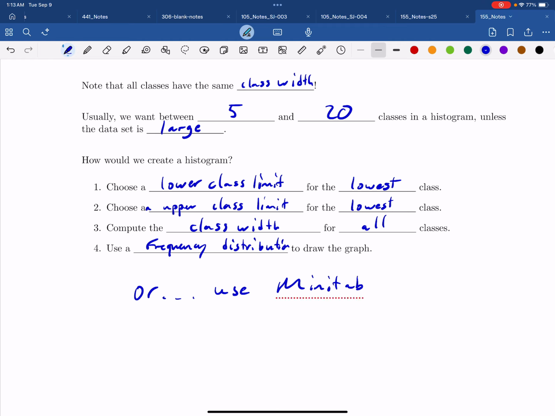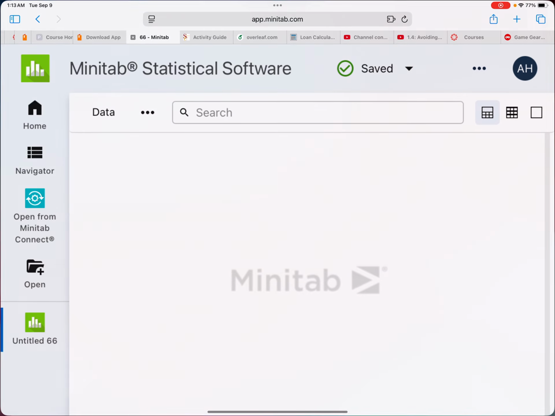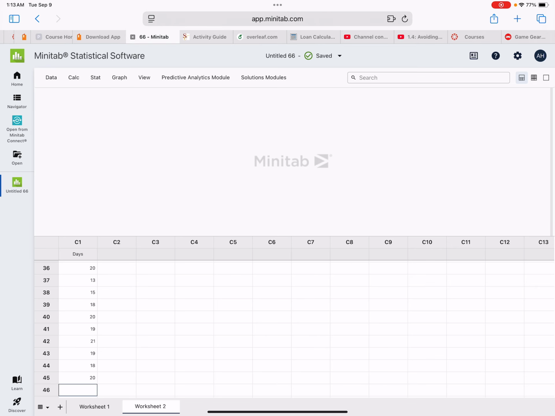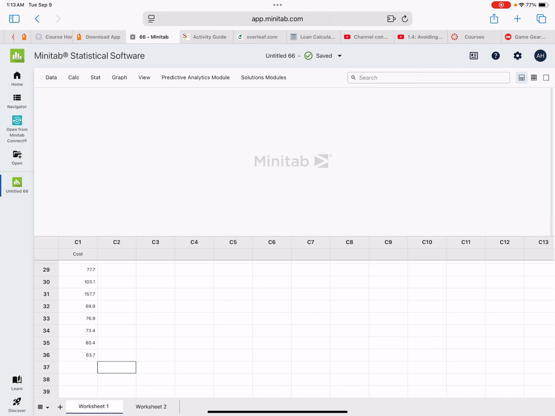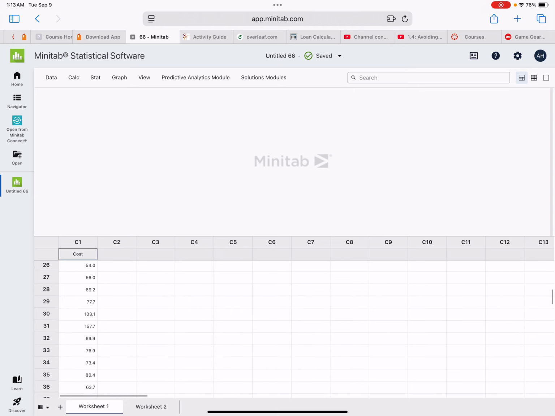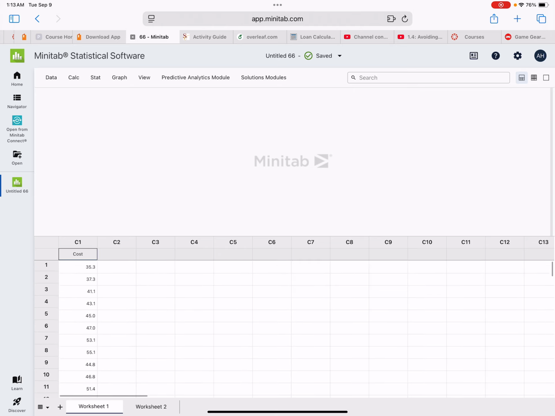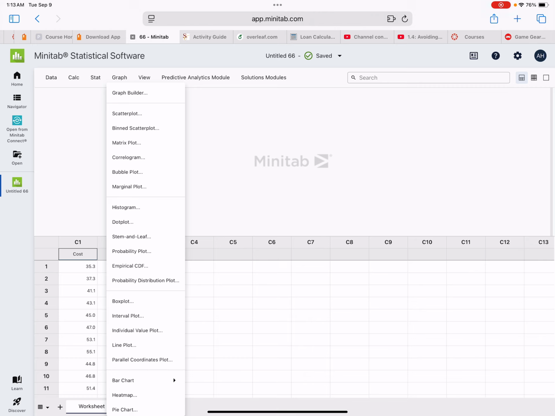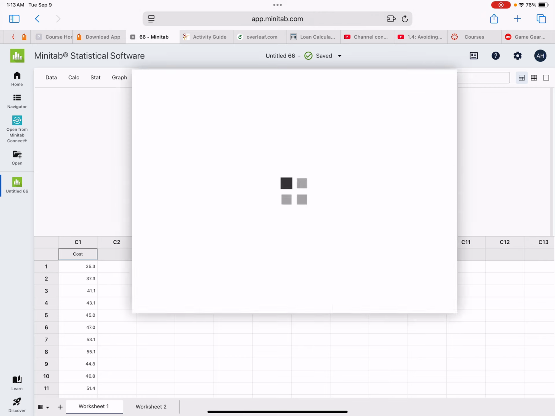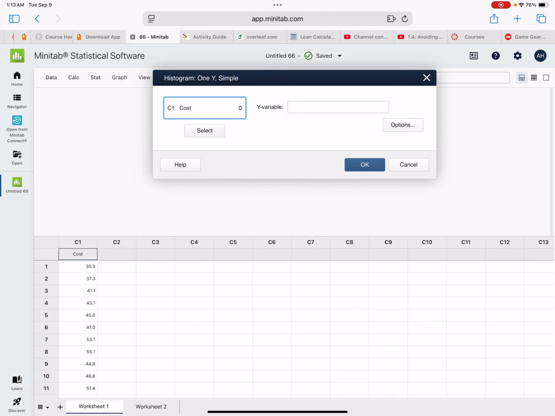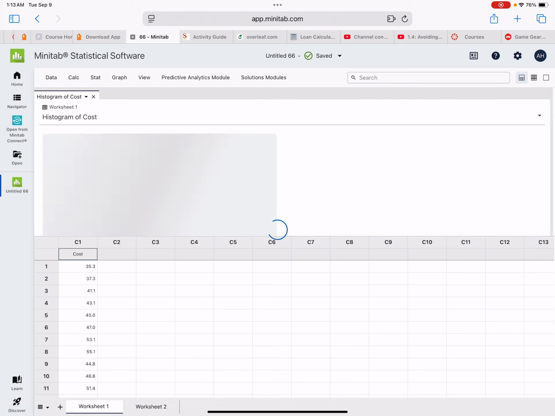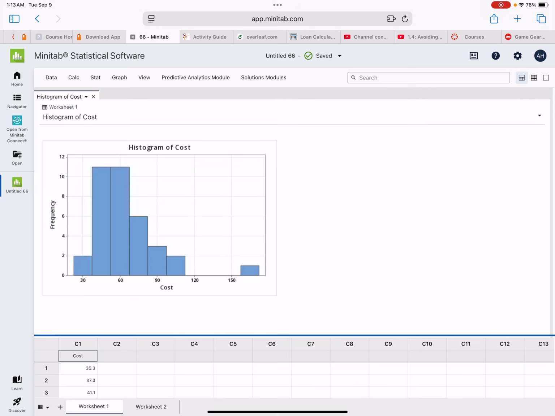And so what I've done is I've entered the data into Minitab for the cost of all of the cars. Okay, so we just go to graph, histogram, simple. Select that variable, and voila, we have our graph.